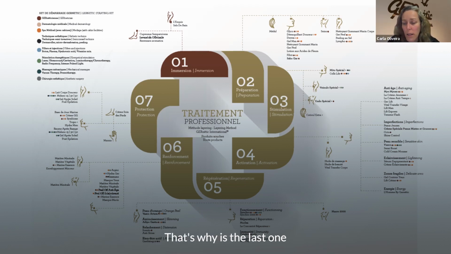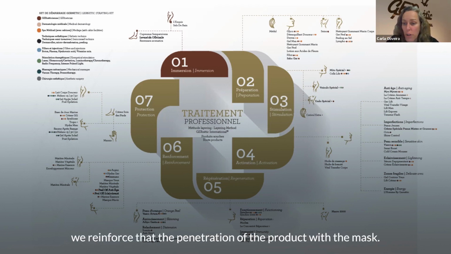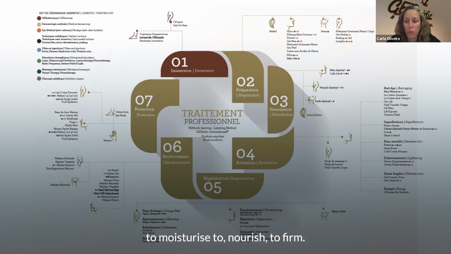That's why it's the last one to put, because you have already put all the products that we need according to the steps. And then at the end, we reinforce the penetration of the product with the mask. So the mask has actives on its own in order to activate, to moisturize, to nourish, to firm.